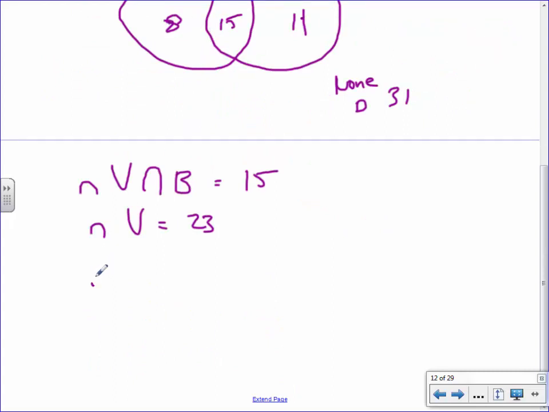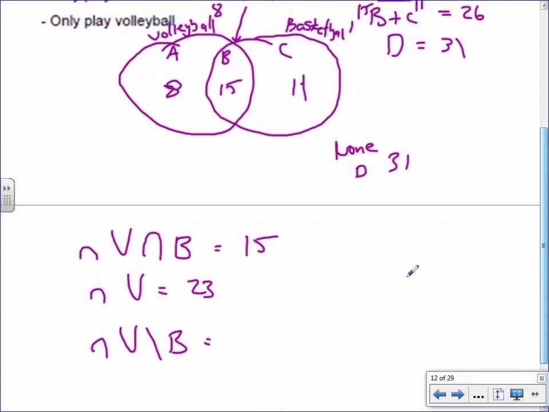Here's a new one for you. The number of kids who do V/B. V/B is 8. What does the slash mean? V/B means the number of kids who play volleyball, but who do not play basketball.